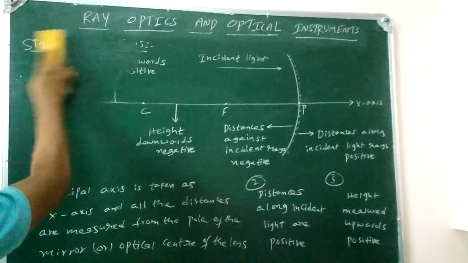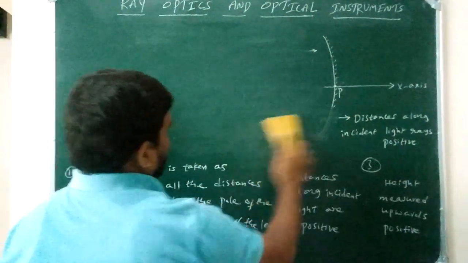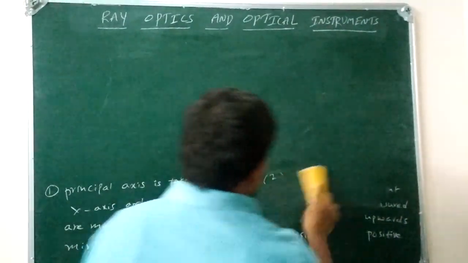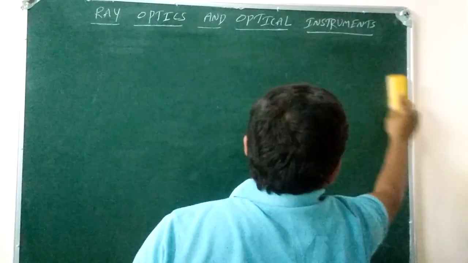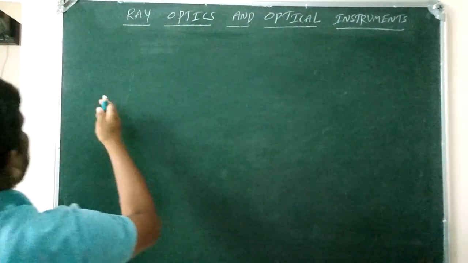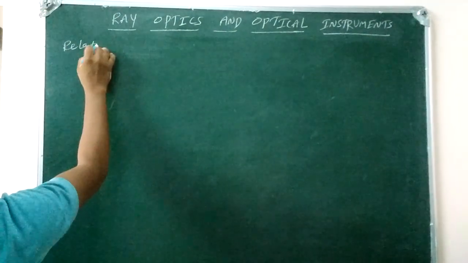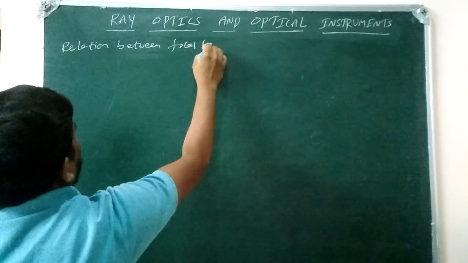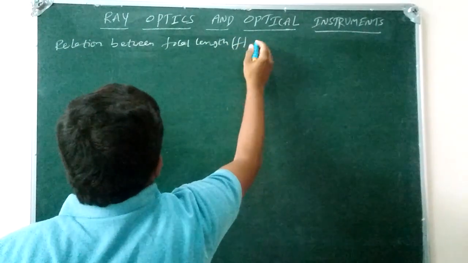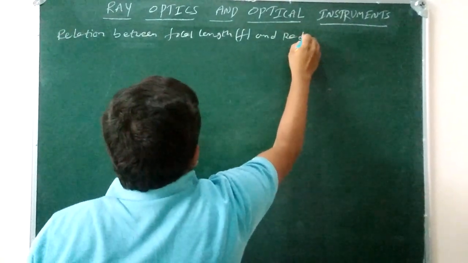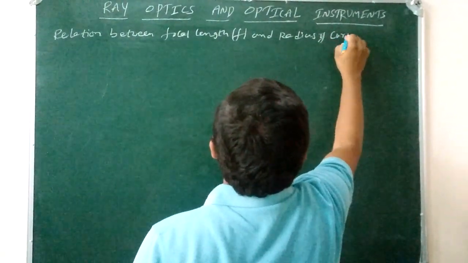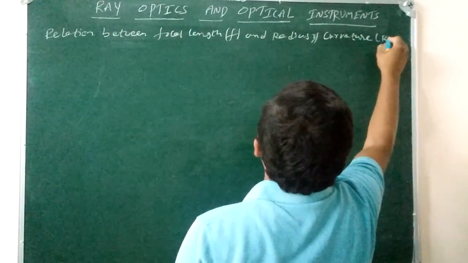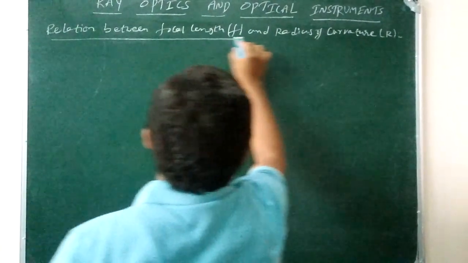Next we are going to discuss the relation between focal length, denoted with small f, and radius of curvature, capital R, of a concave mirror or convex mirror.